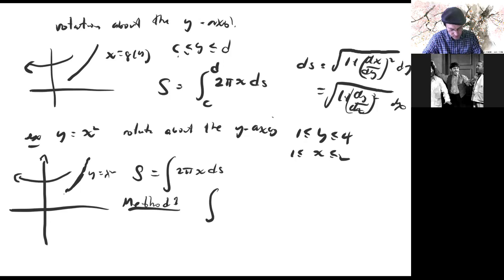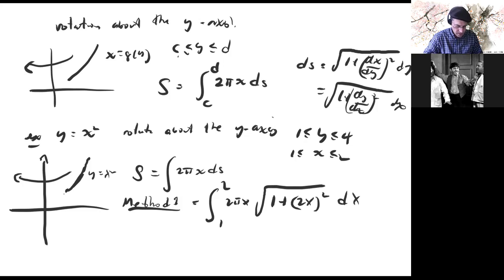So x is going from 1 to 2, it would be 2 pi x times the square root of 1 plus (dy/dx) squared. Now, y is x squared, so dy/dx is 2x, so it would be (2x) squared dx. That would be one way to do it.